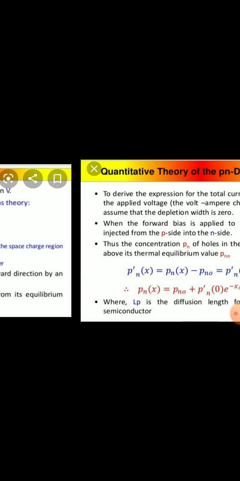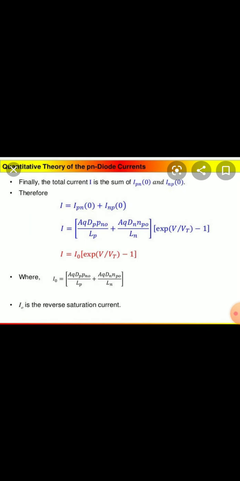Finally we can get the total current. The total current is the sum of the currents of pn and np. By adding the currents, we get I is equal to I naught into exponential V by Vt minus 1, where I naught is the reverse saturation current.